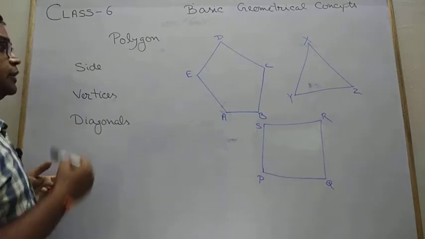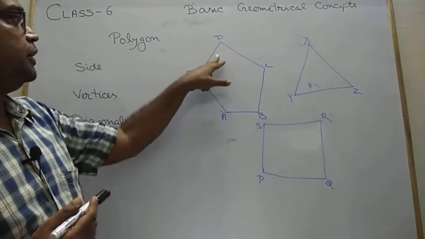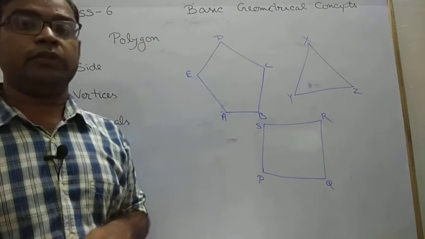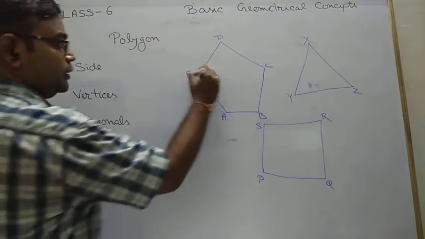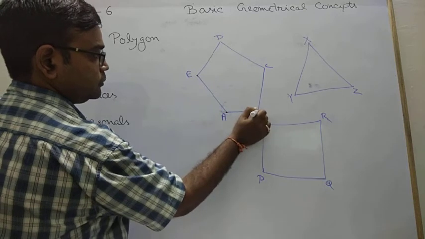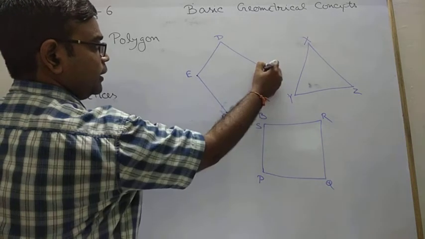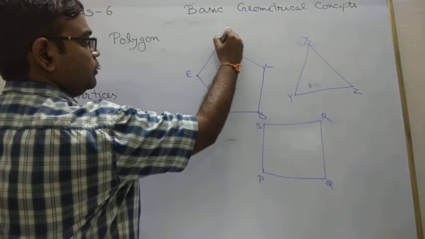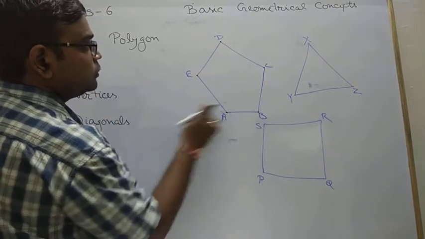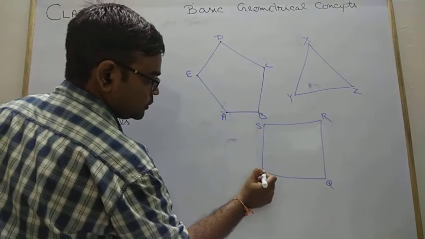What are vertices? Where sides meet, that point is known as a vertex. This point is a vertex. This point too. I am darkening them with black now. Hope you are able to see these black points. So these are your vertices, even this one also.